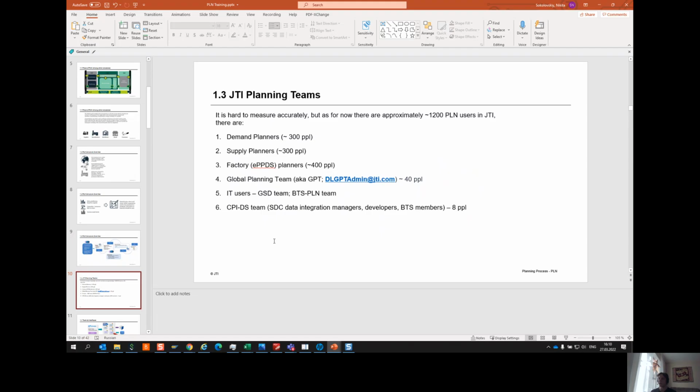Then we have factory or EPPDS planners. EPPDS is like a synonym for factory planning. It stands for embedded PPDS. Embedded means the system is incorporated in SAP S/4HANA, and PPDS means production planning and detailed scheduling.